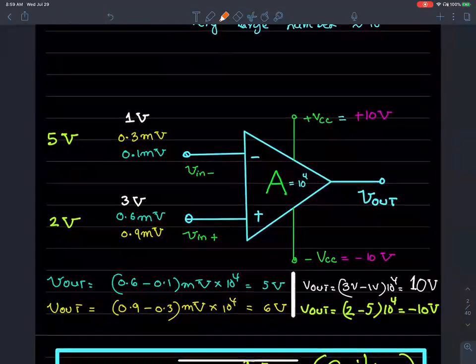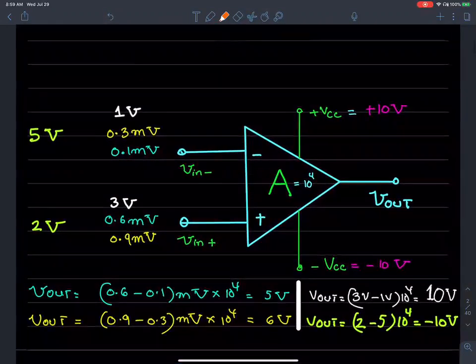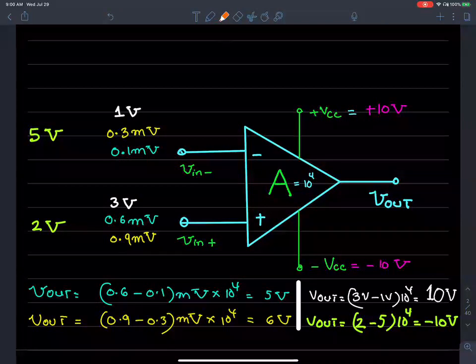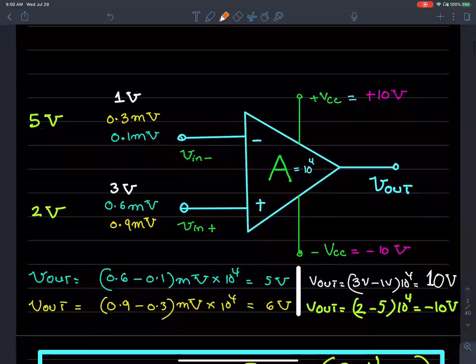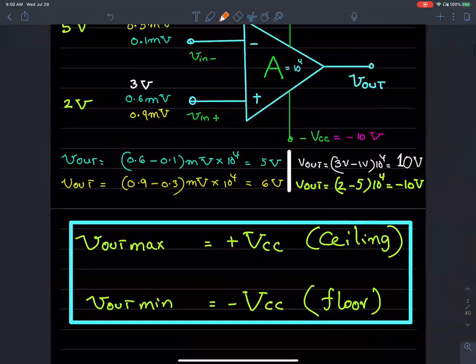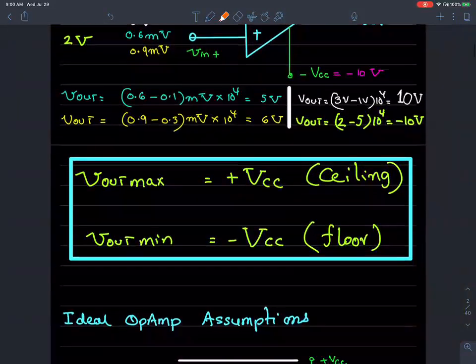That's where the OpAmp begins to saturate. So even if the input changes at that point, the output does not change. The output is capped or limited to the maximum or minimum power supply. So V output maximum possible is plus VCC, V output minimum possible is negative VCC. That's for an OpAmp.